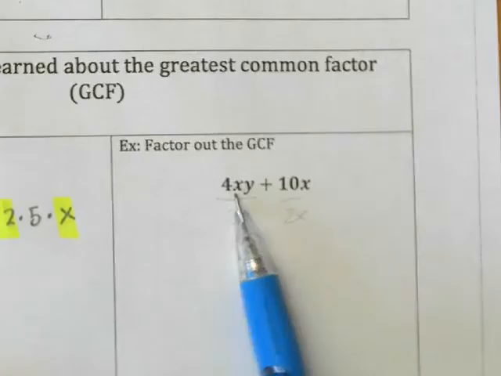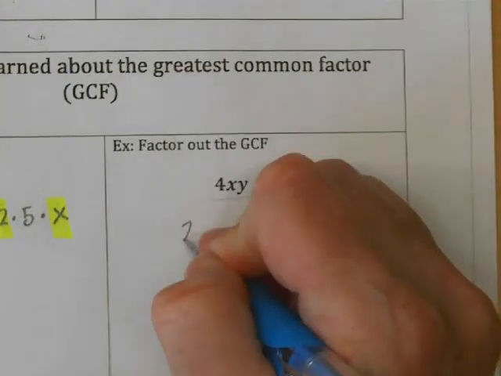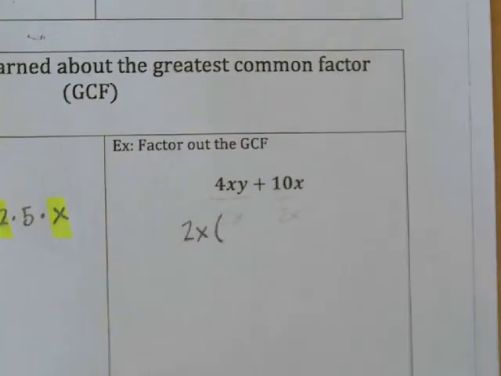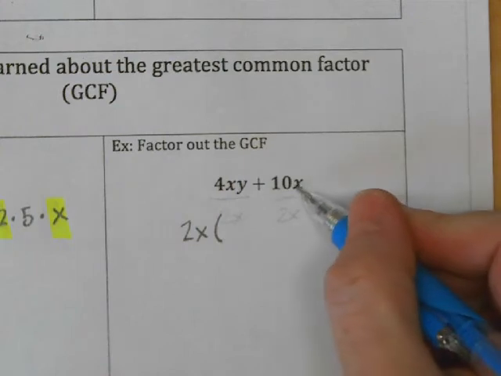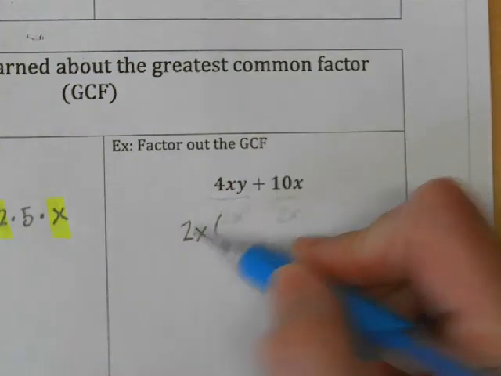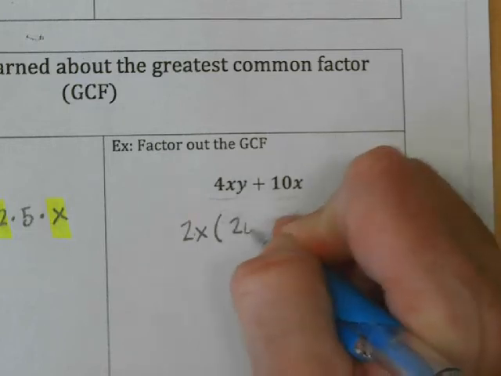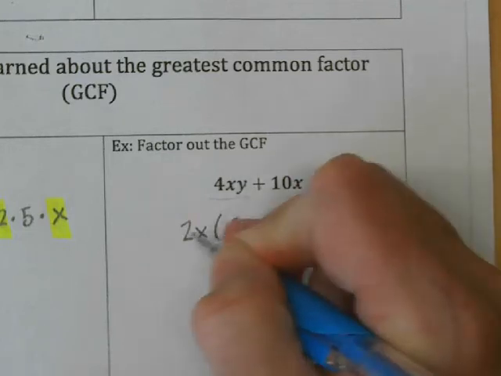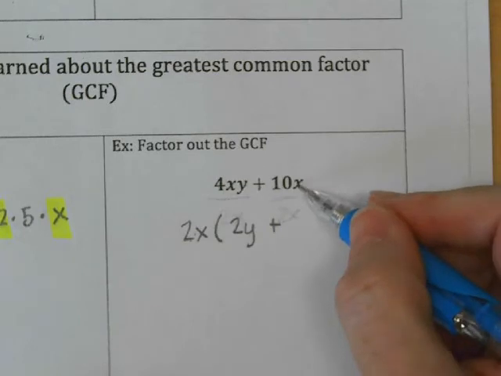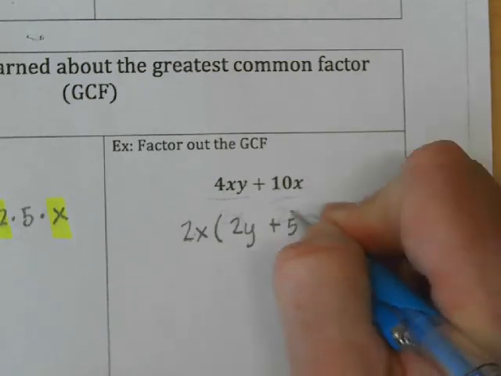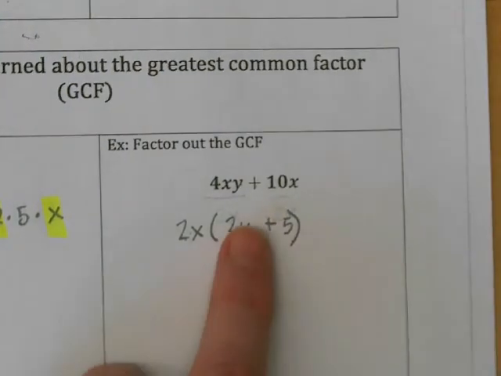What we do is we say, okay, the greatest common factor is 2x. So I have my 2x there, and then I have to make sure I get this back again. 2x times what will give me 4xy? Well, 2y. Bring down my plus sign. 2x times what will give me 10x? That's 5. It shouldn't look any other way.